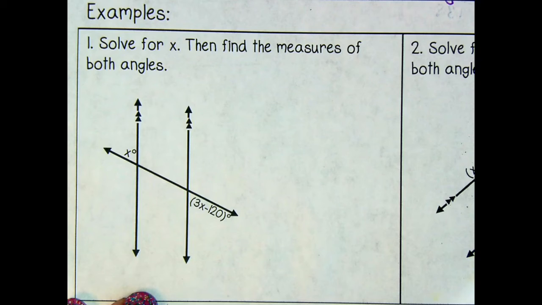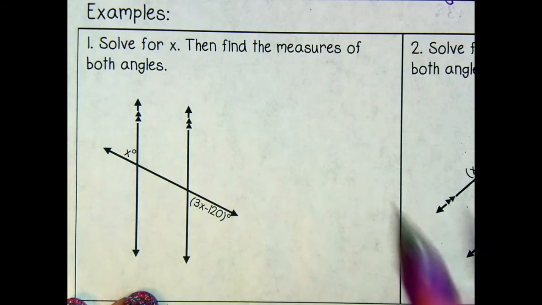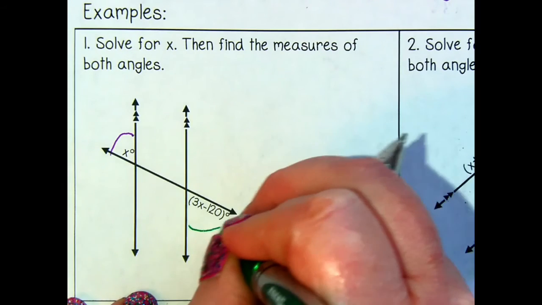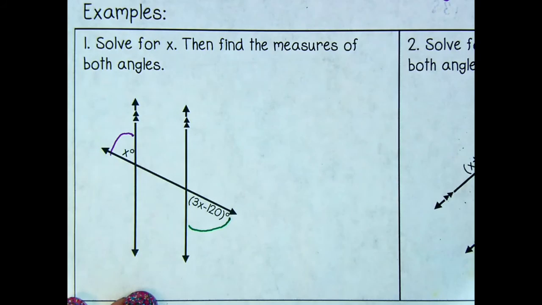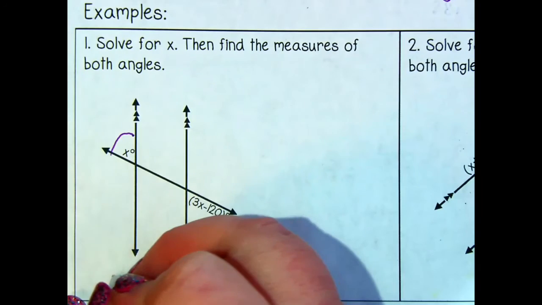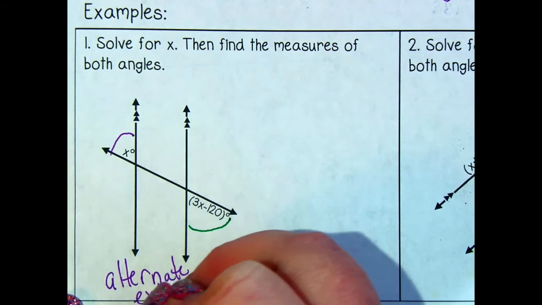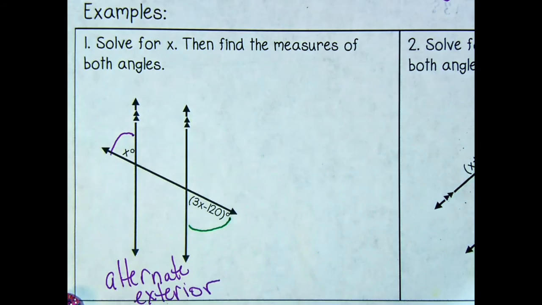If we look at this angle, we want to solve for x and then find the measures of both angles. So the first thing that we want to do is to determine how this angle and this angle are related. And we see that they are alternate exterior, and therefore we know that they are going to be congruent.